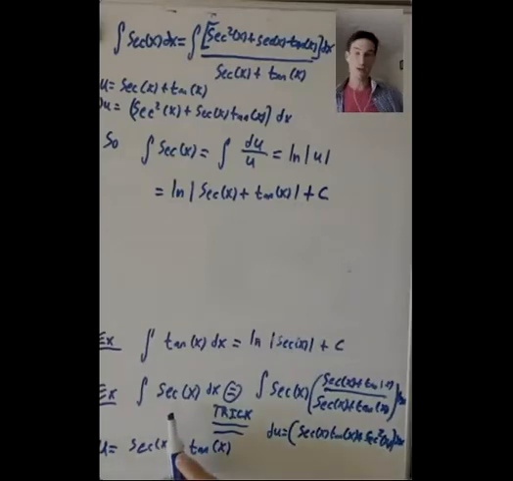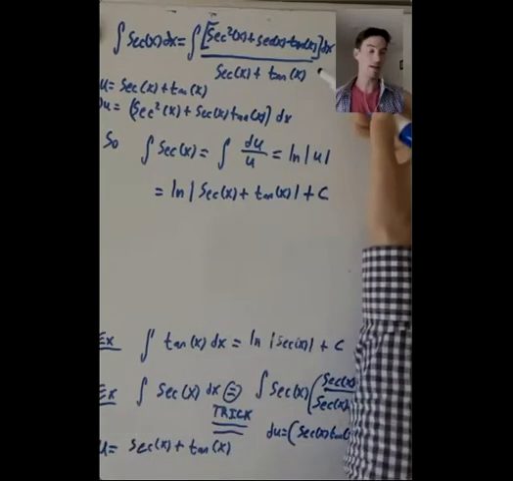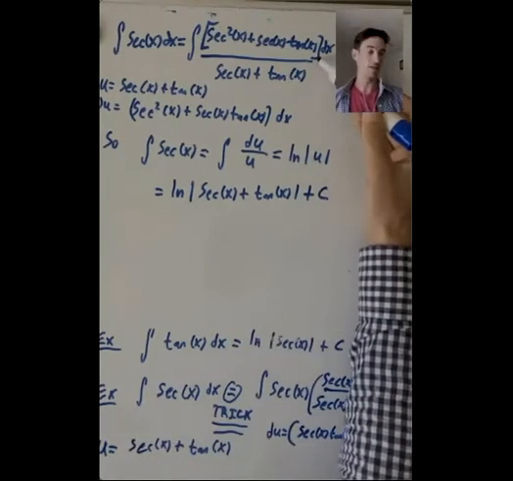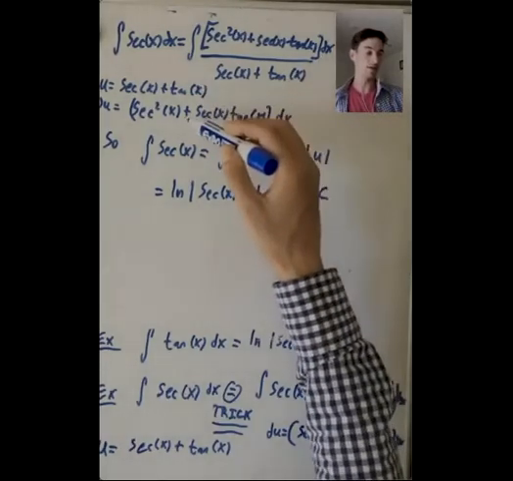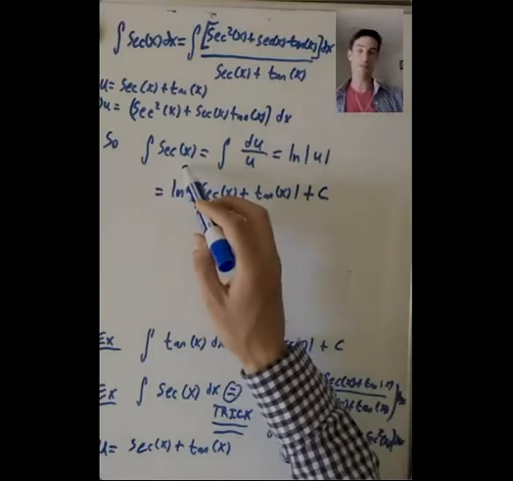What were we trying to do? We were trying to compute the integral of secant x dx. So what we did was we multiplied secant of x by secant of x plus tangent of x over secant of x plus tangent of x. And then we let u equal secant of x plus tangent of x. I've rewritten everything here. I've expanded out the numerator. Here's u, here's du. What does that transform this integral into?